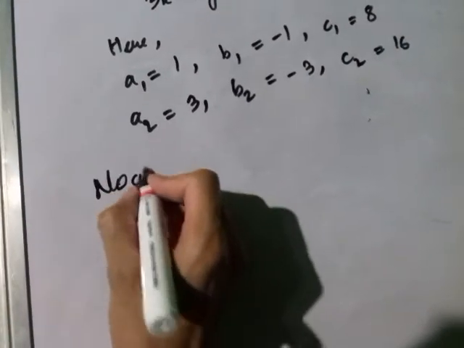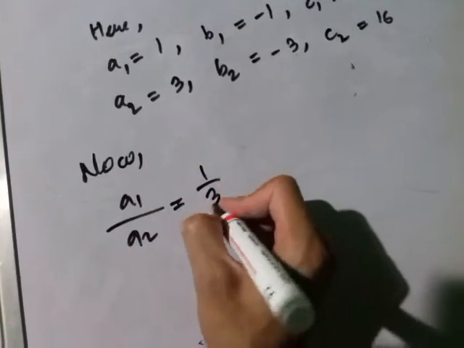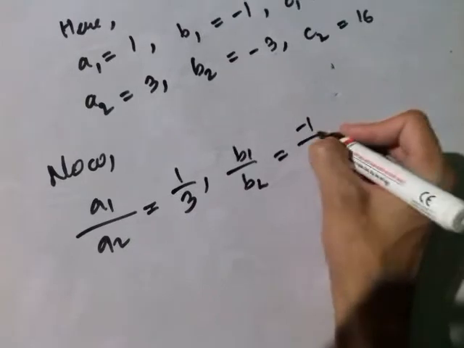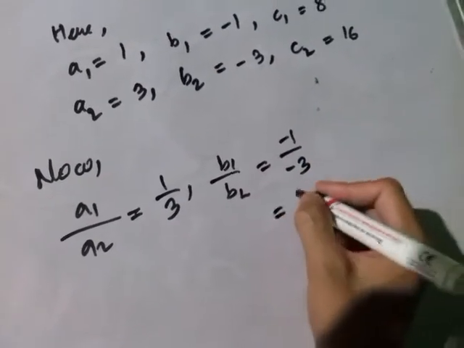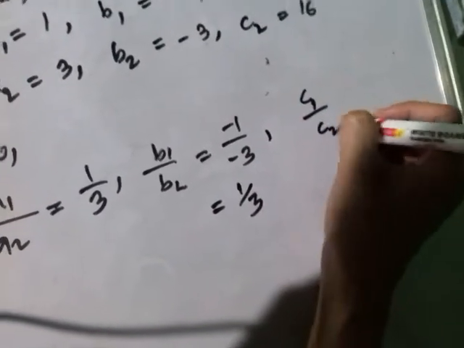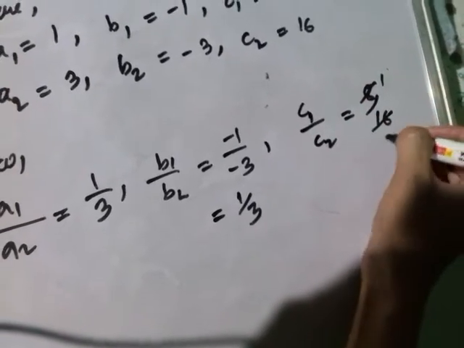Now a1 by a2 equals how much? 1 by 3. b1 by b2 equals minus 1 by minus 3, that means 1 by 3. And this will be c1 by c2, that means 8 by 16. 8 ones are 8, 8 twos are 16.